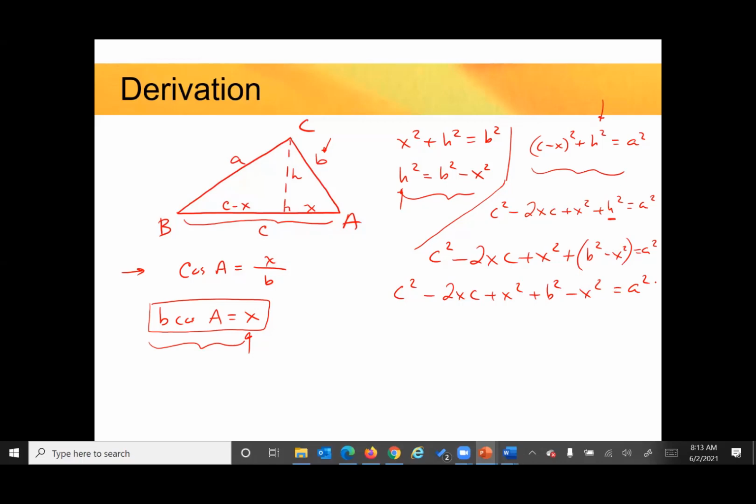Okay. Talk to me. You tell me what you see. Well, there's a positive x squared and a negative x squared. Absolutely. I see those guys gone. So how about c squared minus 2xc plus b squared is equal to a squared.